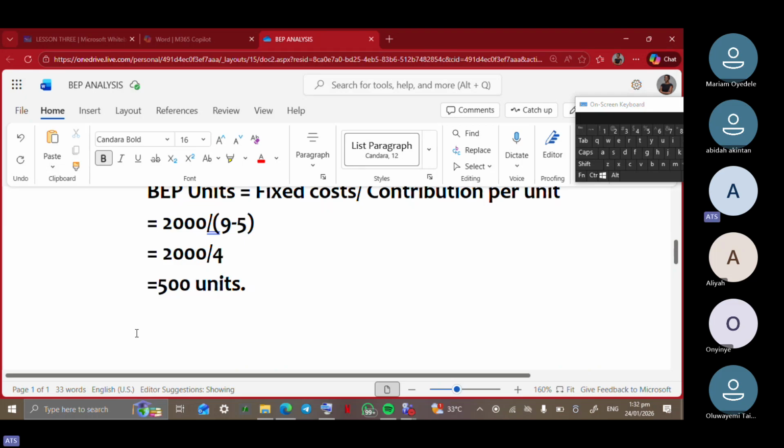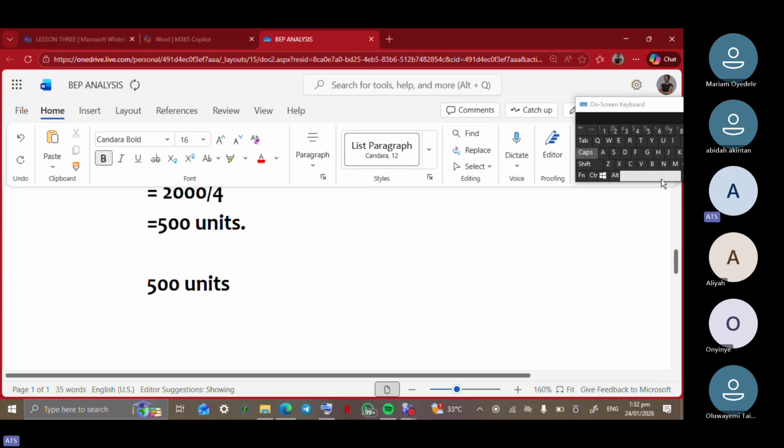If he's selling 500 units, what is the total sales? 500 times 9. That's 4,500.